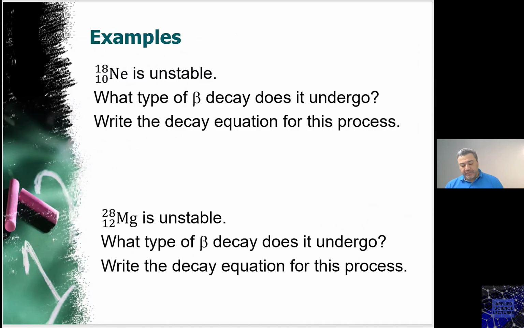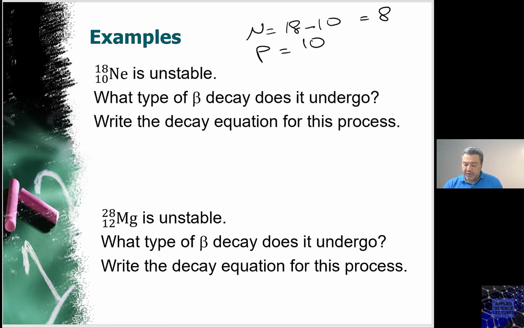Okay, examples. Here we have Ne-18 with Z of 10, which is unstable. What type of beta decay does it undergo? Write the decay equation for this process. So we know here that N equals 18 minus 10 equals 8, and the protons are the Z number, 10.